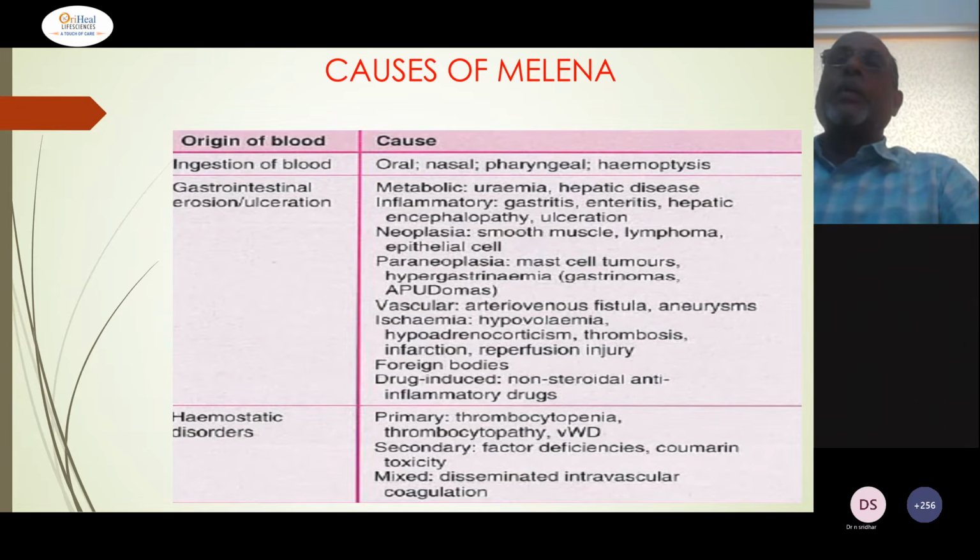And hemostatic disorder, I told you, whenever you have bleeding in the GI tract, you should rule out primary hemostatic disorders and secondary hemostatic disorder. Primary hemostatic disorder is purely to do with your thrombocytes. It's nothing to do with your other factors.